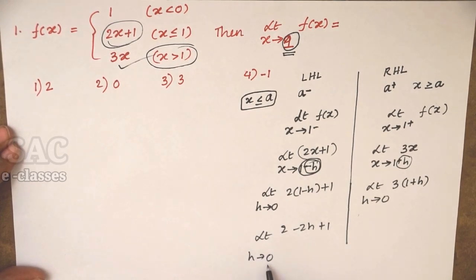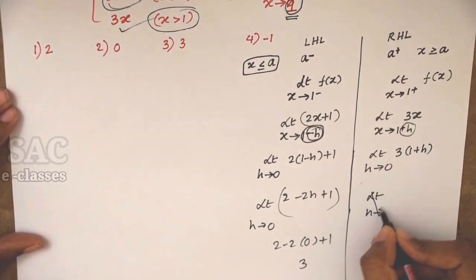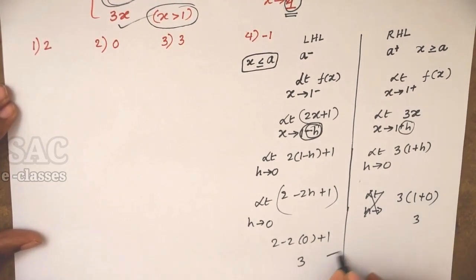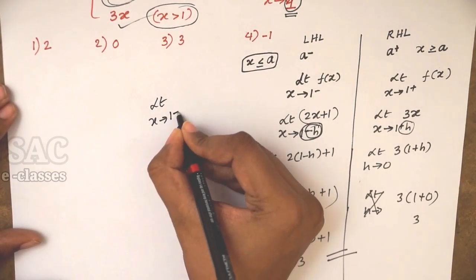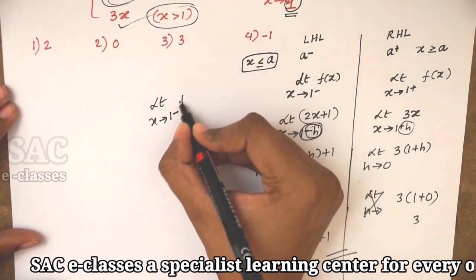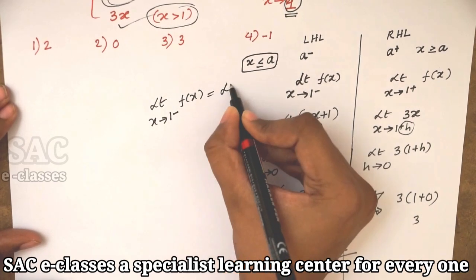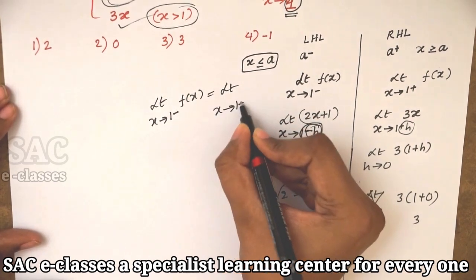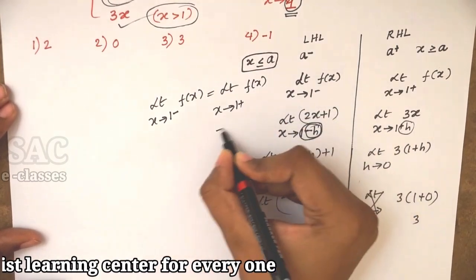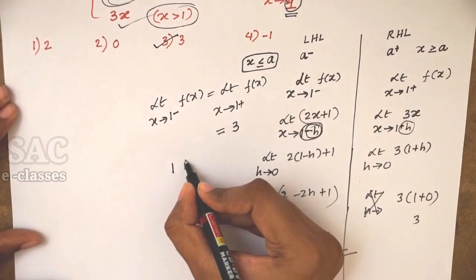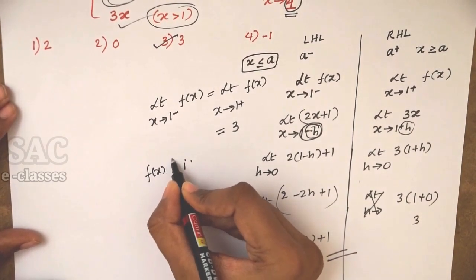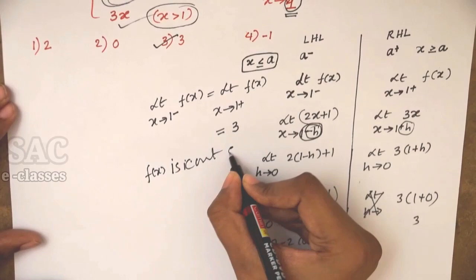Now apply the limit. Both limit values are 3. So you can write the limit as x tends to 1 minus, the left hand limit of f of x, is equal to the limit as x tends to 1 plus of f of x, which is 3. So f of x is continuous at 1.